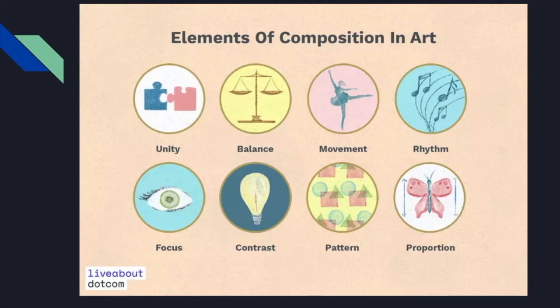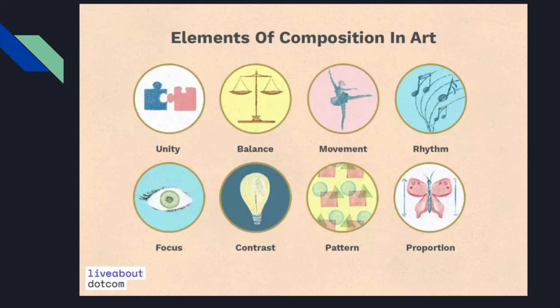So the ones we're going to talk about today, there are 8 in this list. I actually have a list of 15 usually, but 8 is a good way to start because the other ones are kind of very similar. So there's unity, balance, movement, rhythm, focus, contrast, pattern, and proportion.